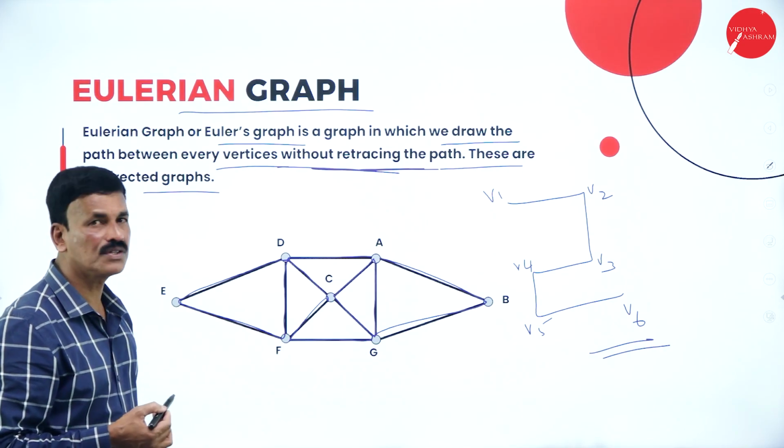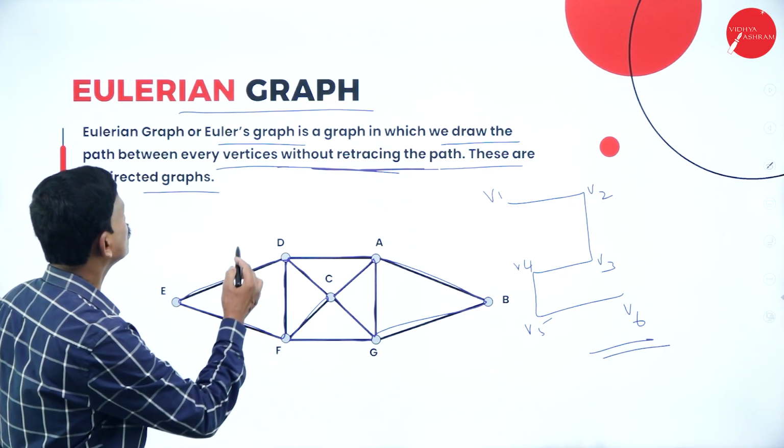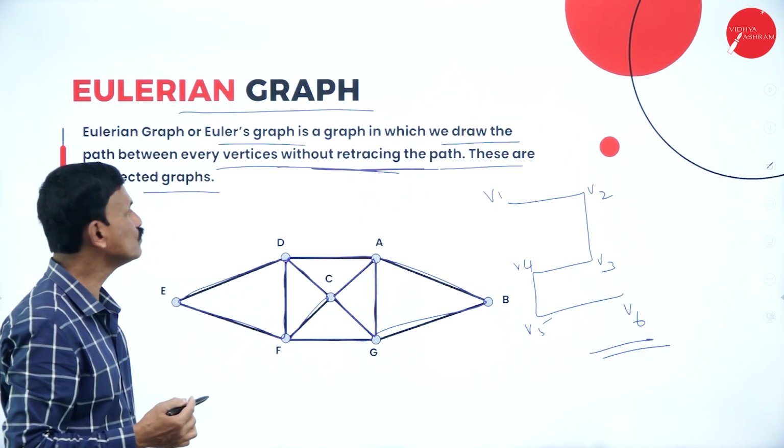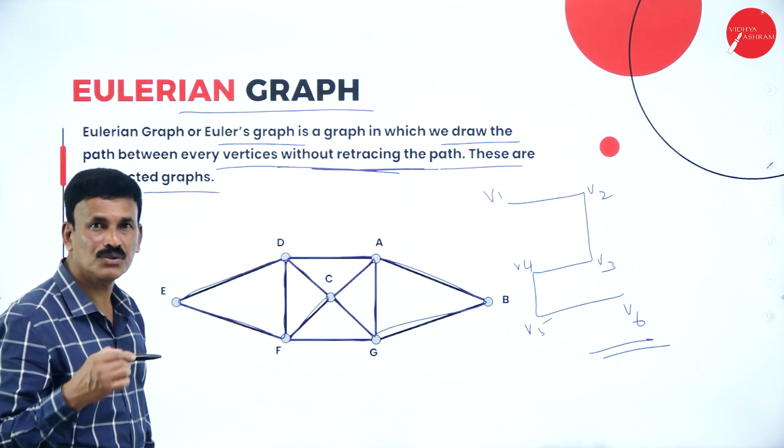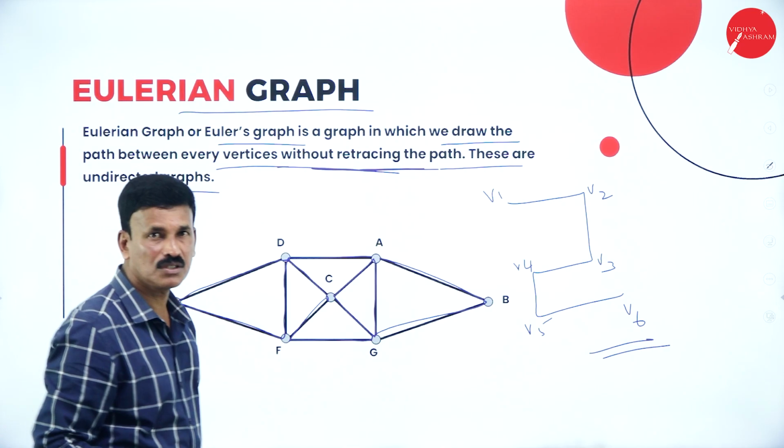Here we draw without retracing the path, so this is an example of an Eulerian graph.